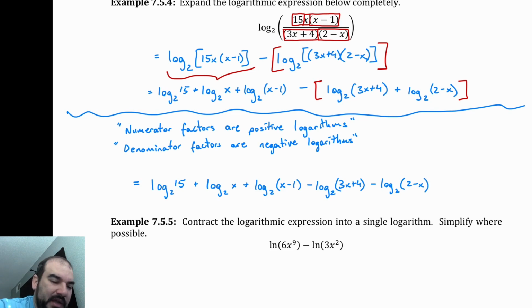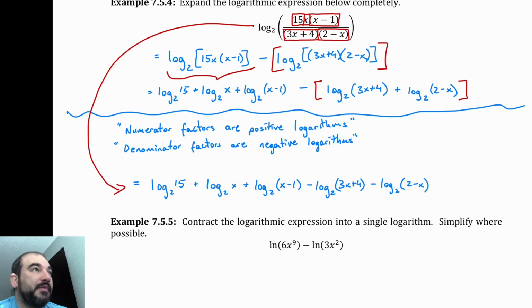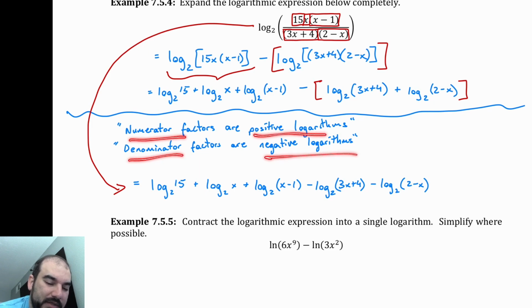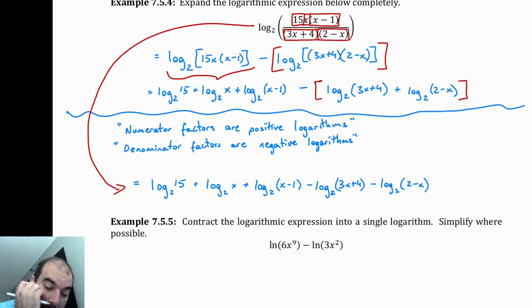So we can go straight from the original expression to the fully expanded form by just following this simple rule of numerators are positive logs and denominators are negative logs.